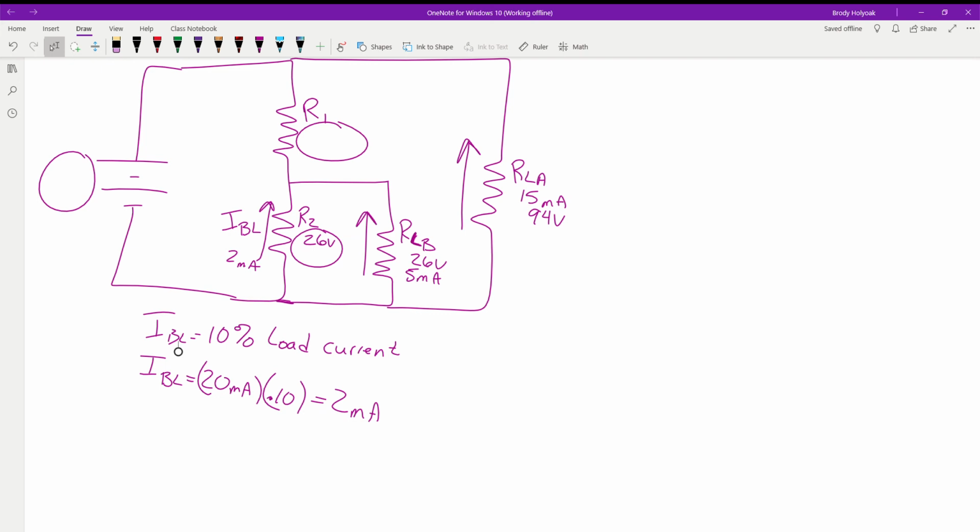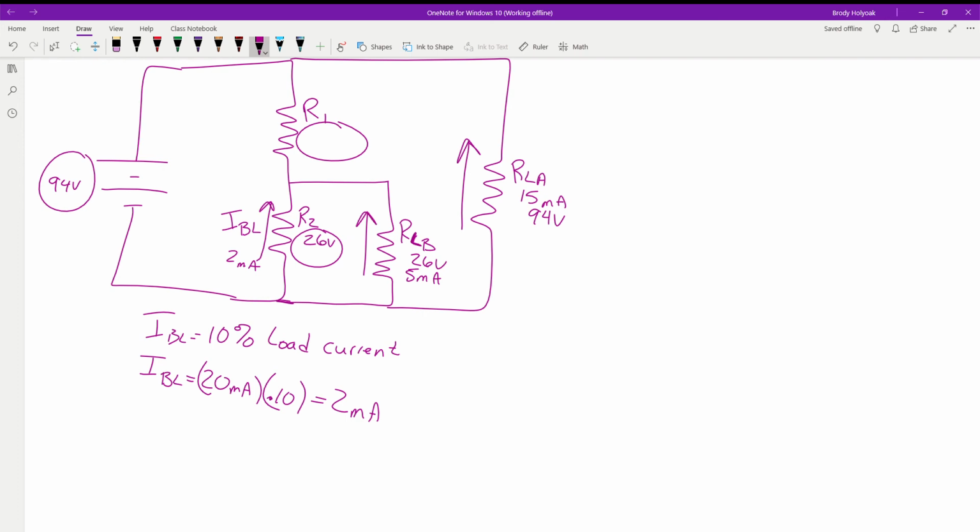What is our total voltage? What's our voltage supply in parallel with? With 94 volts, so it has to be 94 volts, because this whole thing is in parallel with that.